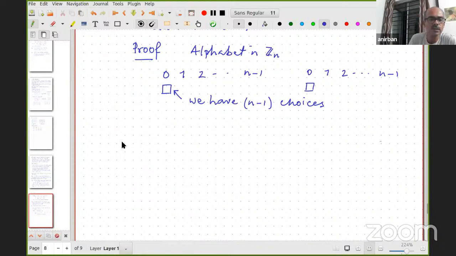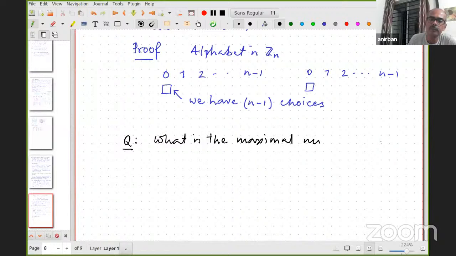So that is a question. So I write that question. What is the number of mutually orthogonal Latin squares for a given n?